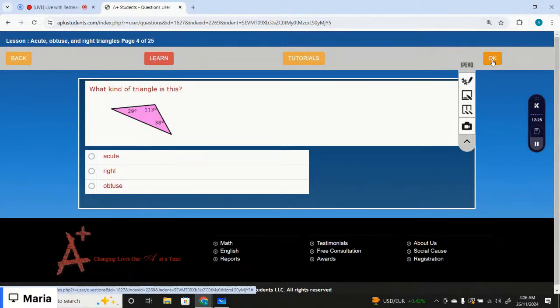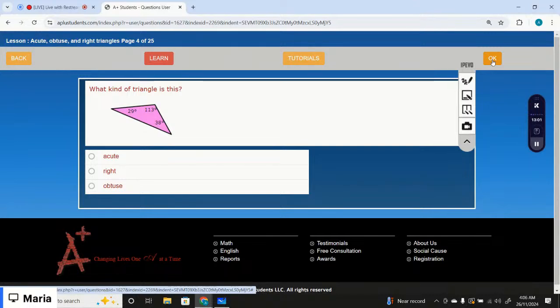What kind of triangle is this? 29 degrees, 113 degrees, and 38 degrees. So which is the correct option? The correct option is, one of the angles is greater than 90 degrees.